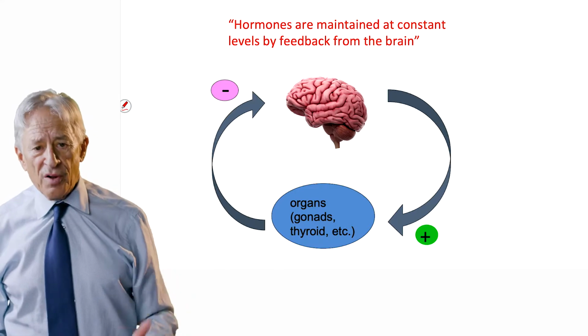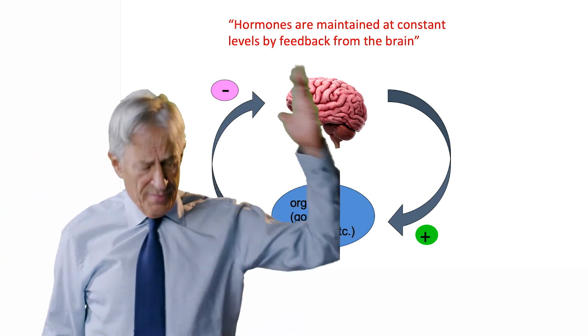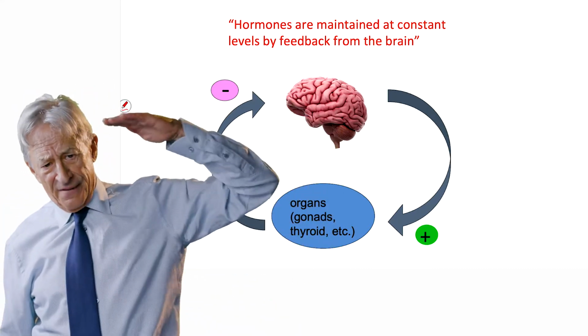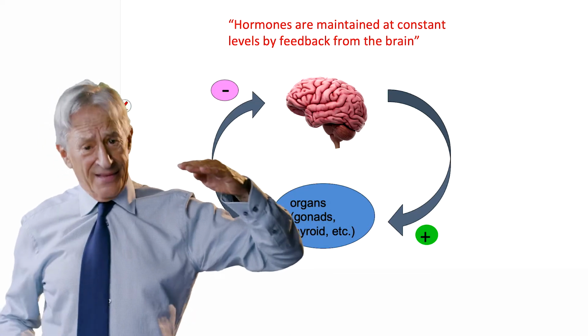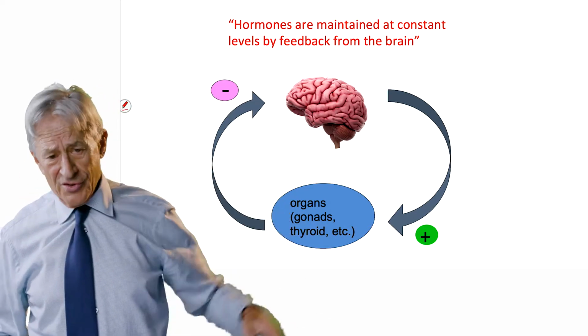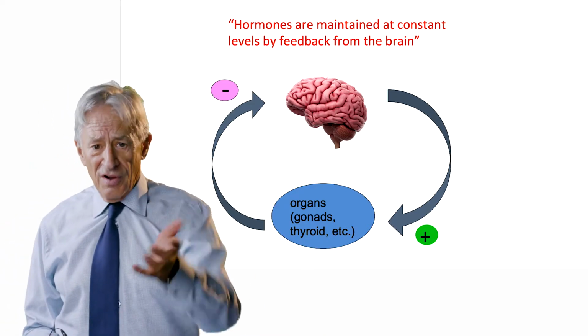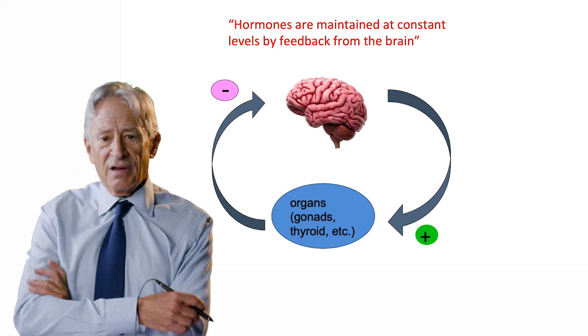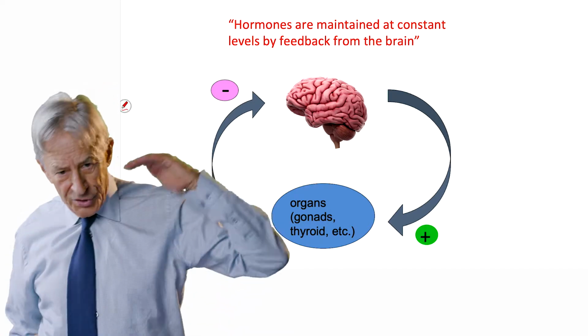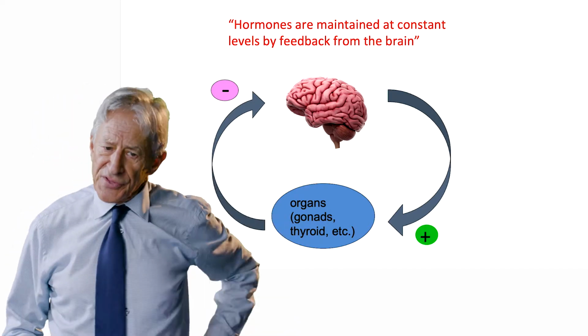Let's talk about hormones. Hormones are maintained at a constant level by feedback from the brain. And I have seen the slides in some introductory physiology courses on various campuses, of which this is a version. And you are told that hormones are maintained at constant levels.